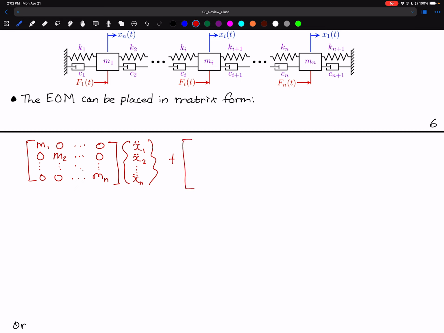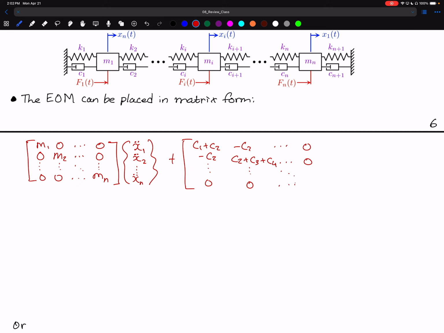for our damping matrix, we'll get C1 plus C2, minus C2, minus C2, and we'll get here C2 plus C3 plus C4, dot dot, get 0, 0, 0.